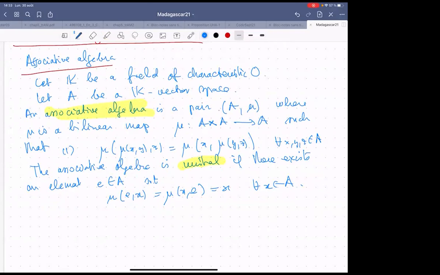But in general, we can consider an associative algebra to be just a bilinear map mu satisfying the first condition, the associativity condition.